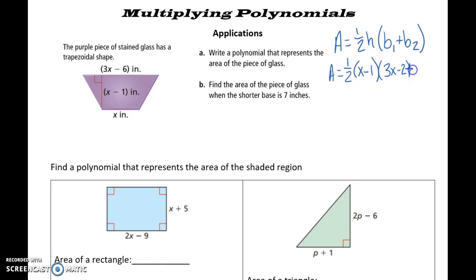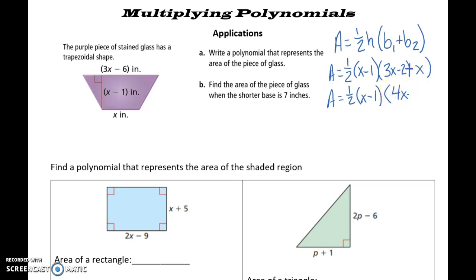Oops, that's plus x. So first, order of operations. We've got several sets of parentheses going on, but the only one we can really do anything inside is over here. So I'm going to bring my 1/2 down, my x minus 1 down, and then 3x plus x is going to be 4x.